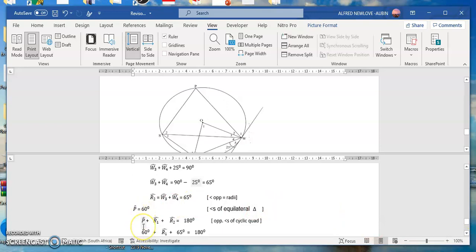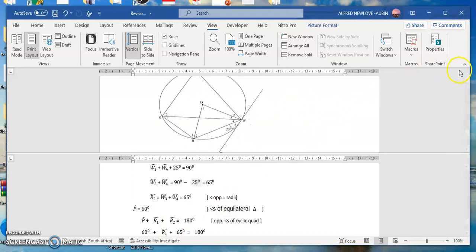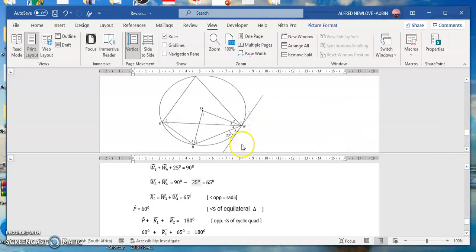Then we can say that P plus R1 plus R2 is equal to 180, because they are opposite angles of a cyclic quad.